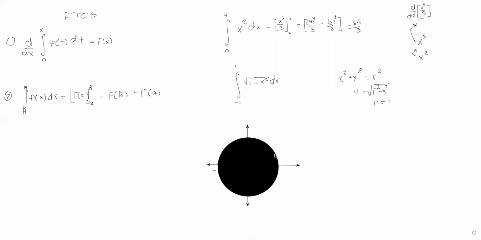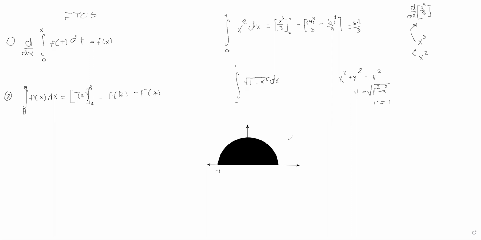And we're only doing the top half, because remember that if we have the bottom half, it fails the vertical line test, and hence it is not a function. So we're only concerned with this top half. So our objective is to figure out the area under the curve, going from -1 to +1.